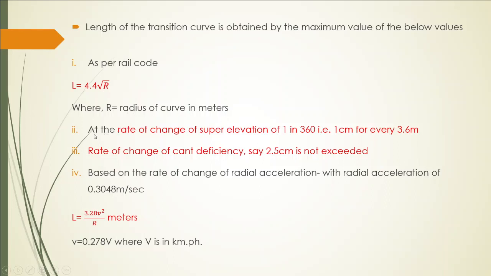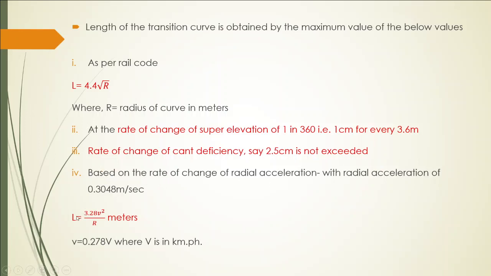Now second is at the rate of change of super elevation of 1 in 360, that is 1 centimeter for every 3.6 meters of change of super elevation. Then the third equation is based on the rate of change of radial acceleration.